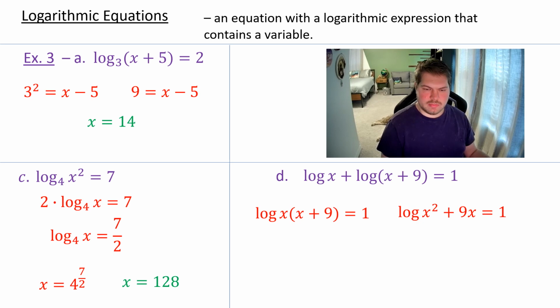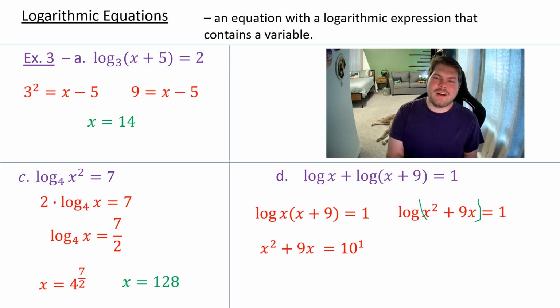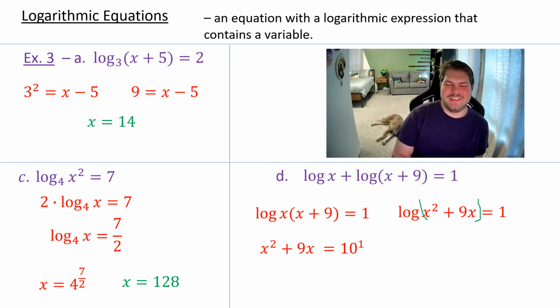And this should be in parentheses, my bad. And so now we want to bring this log to the other side again, the same way we did the last couple. And so it's going to be 10 to the power of 1. Now, we want to solve for x. And I'm smiling because I knew this one was coming.